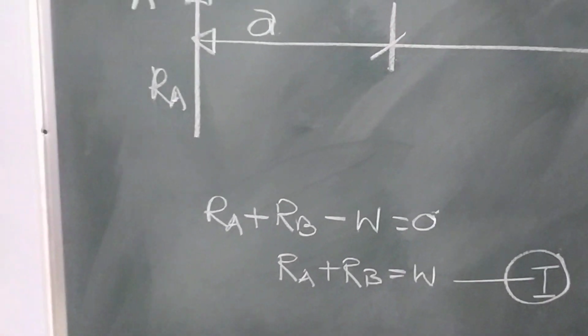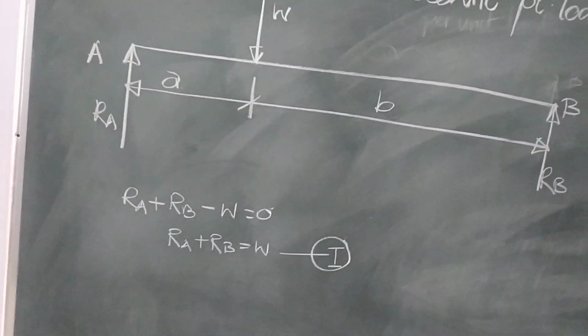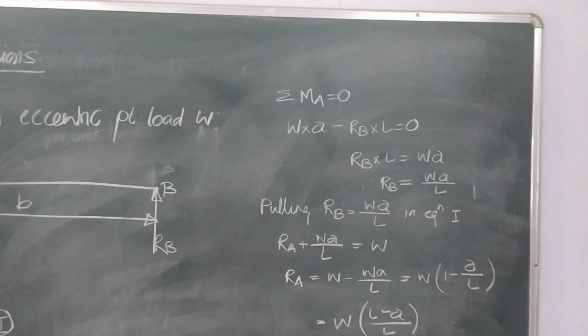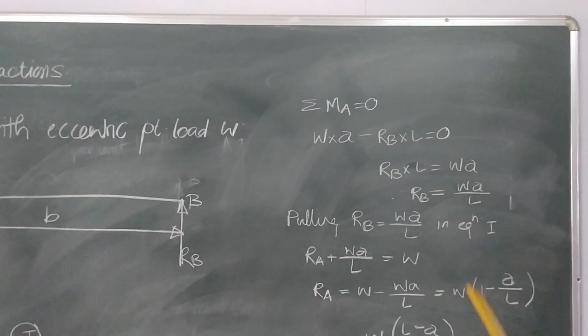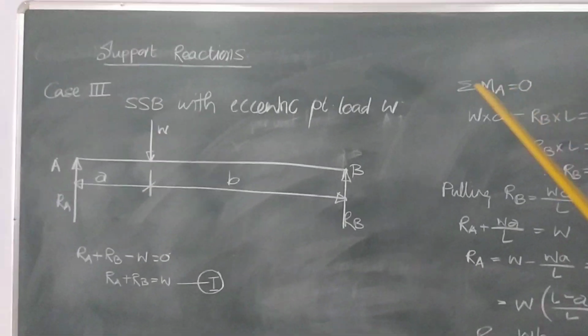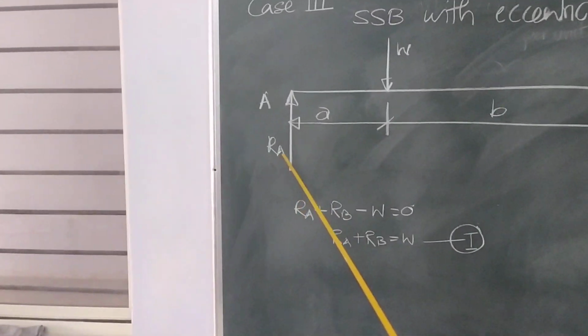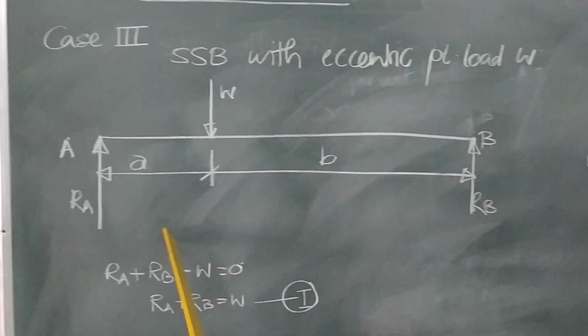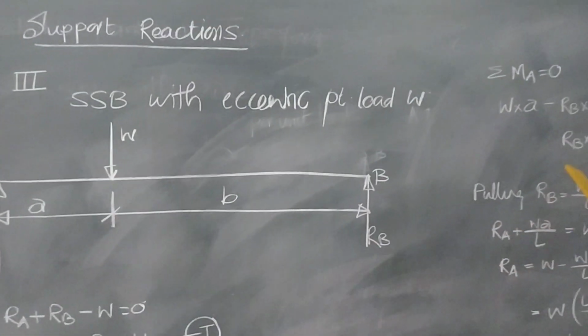Now, using the condition for equilibrium summation Ma equal to 0, taking moment about A. Moment of Ra is Ra into 0, so it is 0. W into a is clockwise, so positive.